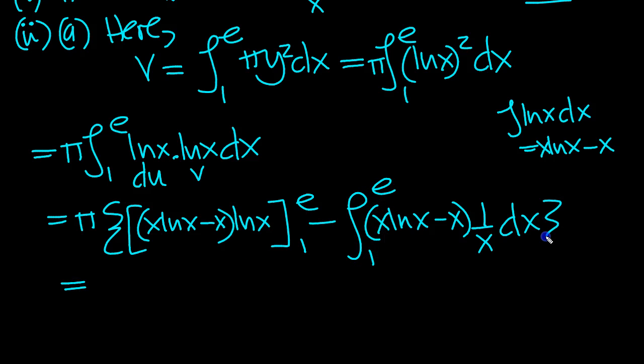So that is equal to then pi lots of, now we could put this in straight away actually, couldn't we? Because let's put it in. We get e log of e, which is 1, so that's e, minus e times log of e, which is 1. That's the top value. Take away the bottom value, put 1 in, you get log 1, which is 0.